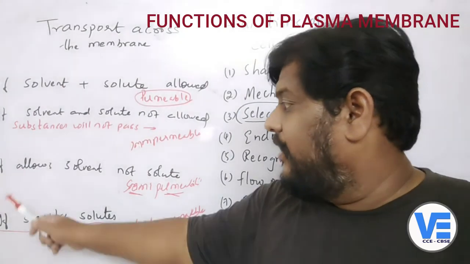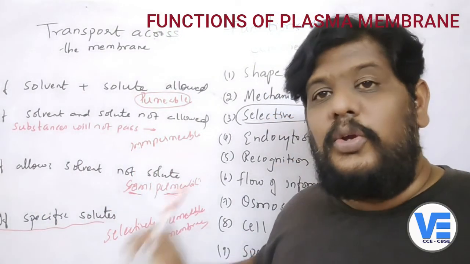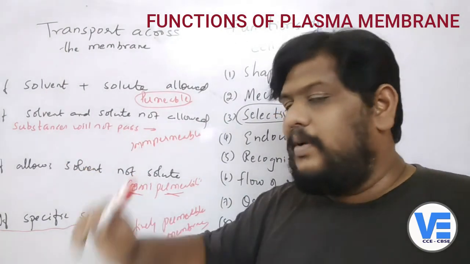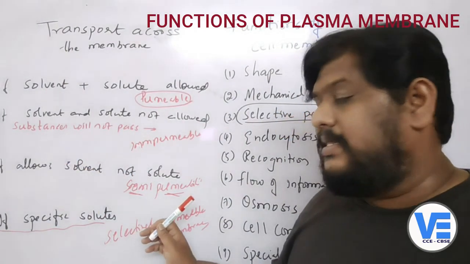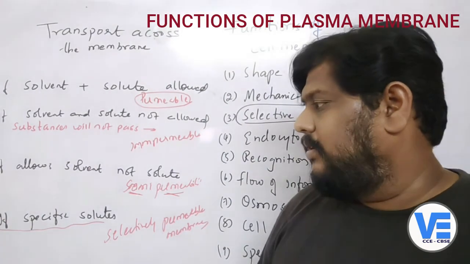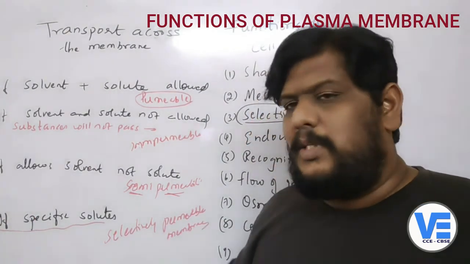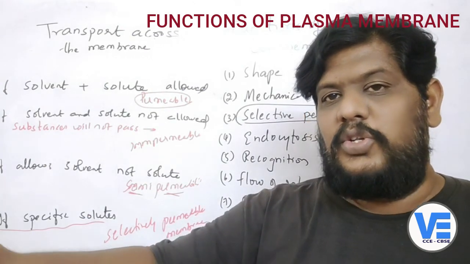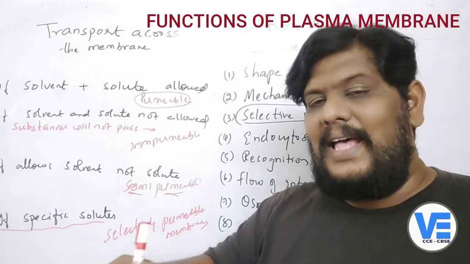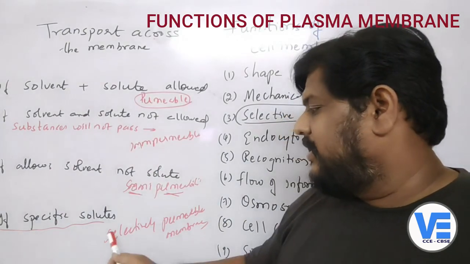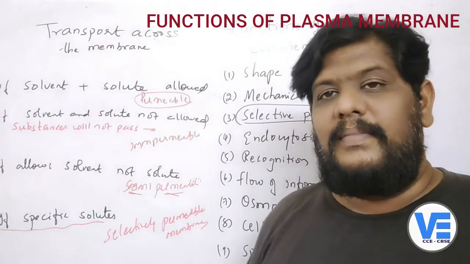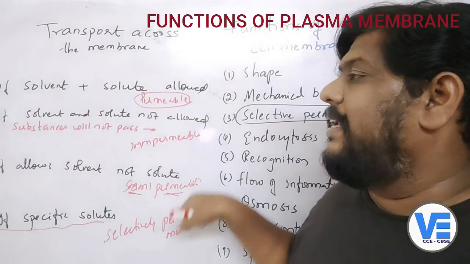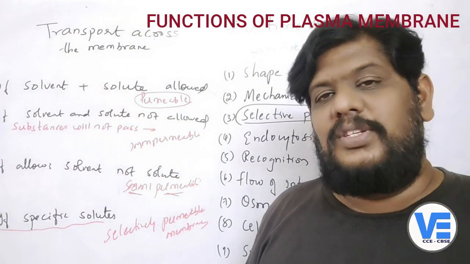Okay, and if it allows solvents and not solutes, so it is not allowing the solutes to come inside but it's allowing the solvents, then it is semi-permeable in nature. And if only specific solutes are very selective, only those solutes should pass, then it is called selectively permeable. So this is how the cell membrane can show these kinds of variations, these kinds of actions.